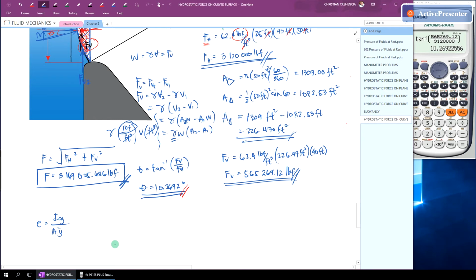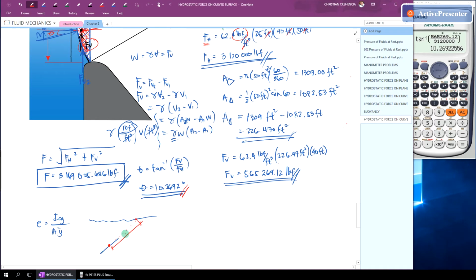So, di ba ang y bar, kung meron tayong inclined surface, then ito yung ating liquid surface. So, yung y bar natin is yung distance from the centroid of the gate or the surface hanggang doon sa liquid surface along the plane.